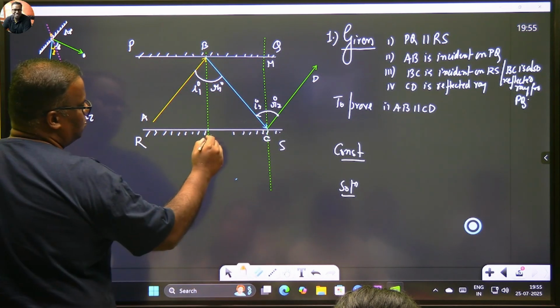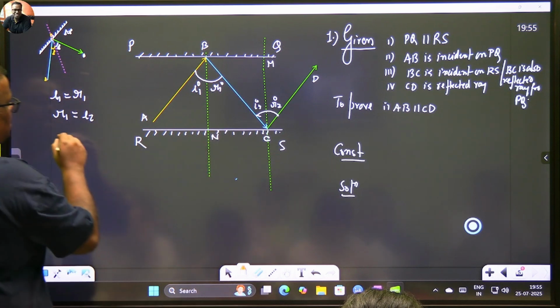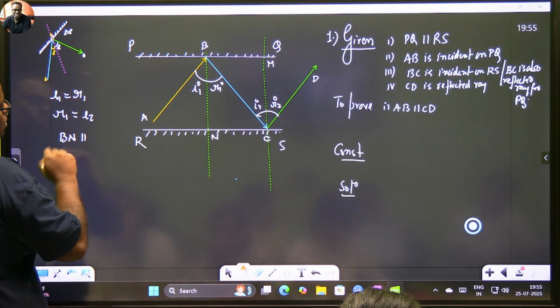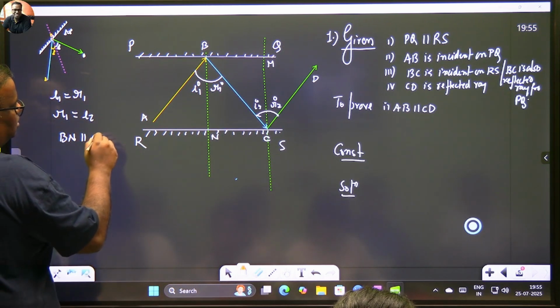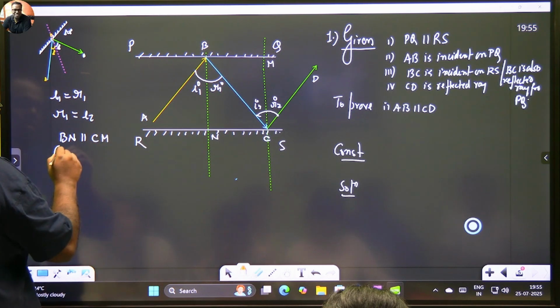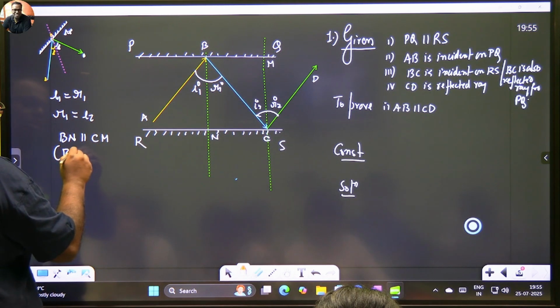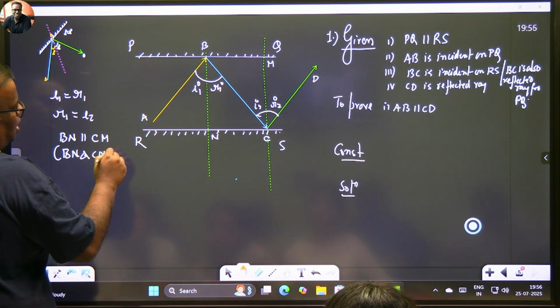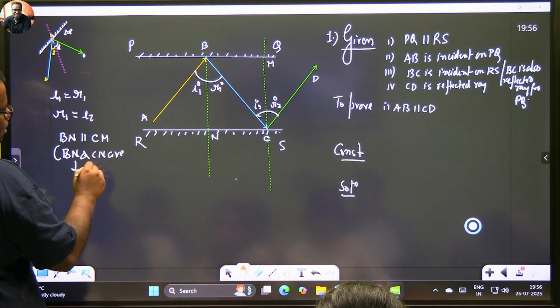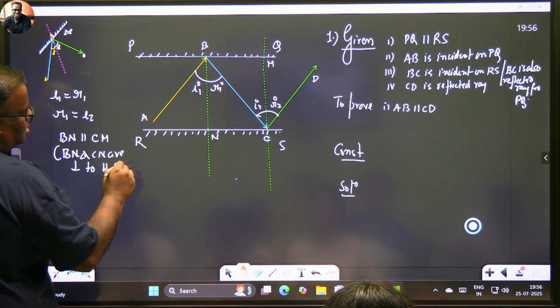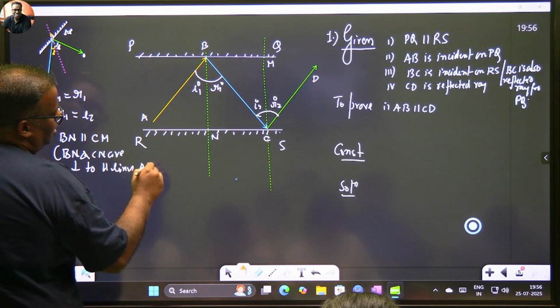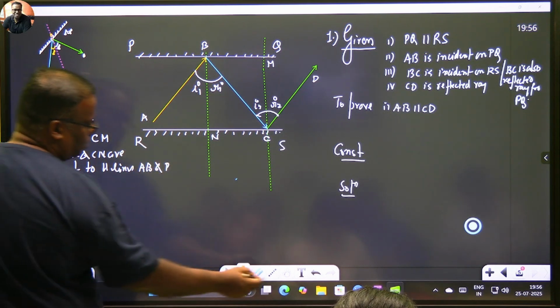So we'll say BN is parallel to CM. Why? BN and CM are perpendicular to parallel lines AB and PQ and RS.